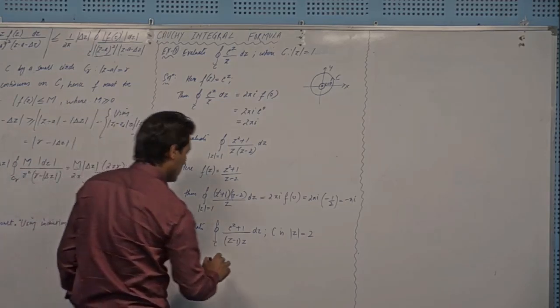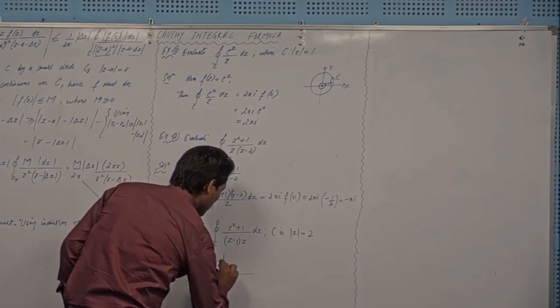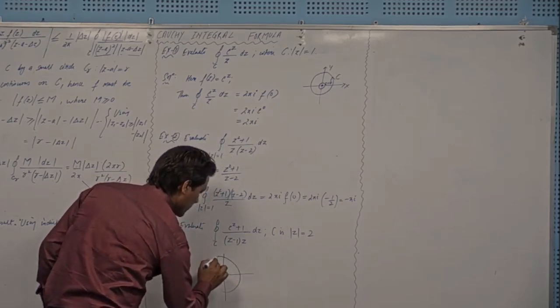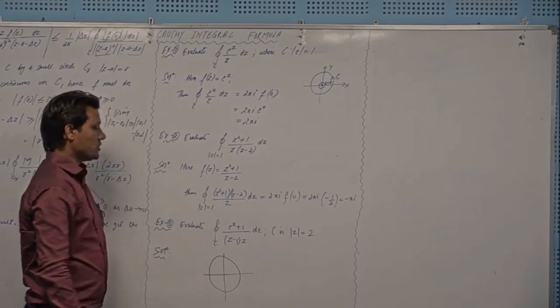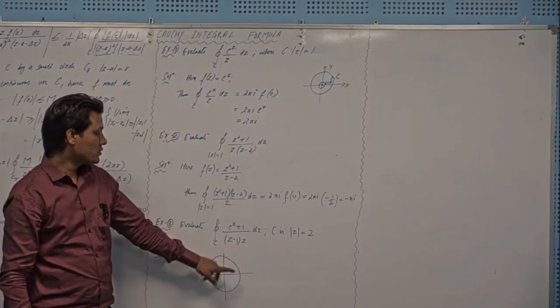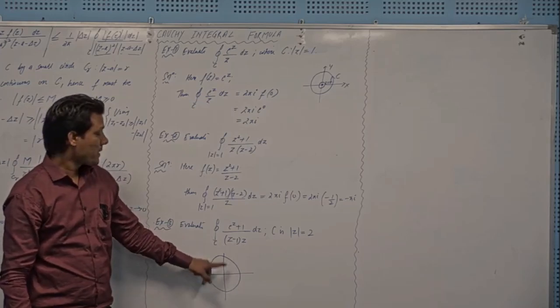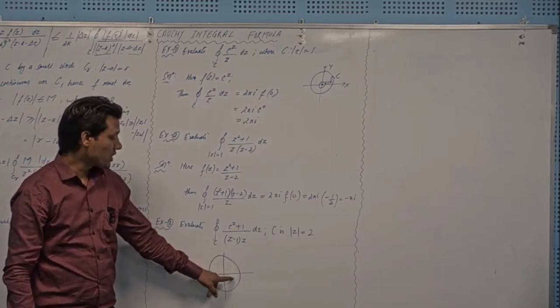First we will draw the picture. Mod z equal to 2 is a circle centered at origin and having radius equal to 2. If you focus on the denominator this time, that gives z equal to 0, which lies inside our circle, and the other one is z equal to 1, that is also lying inside the circle.